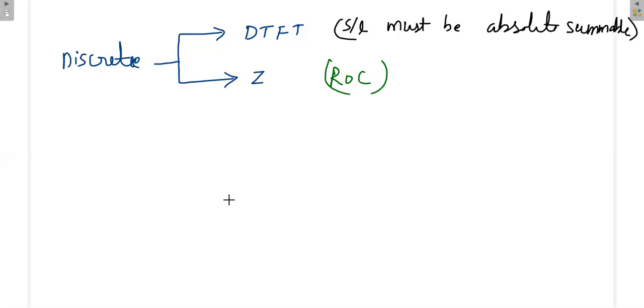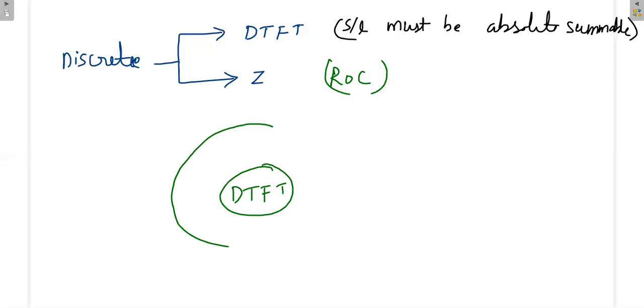That means we can write the discrete time Fourier transform for only some signals, whereas we can write the Z transform for many signals. That means the signal may be absolutely summable or may not. If you are able to find the discrete time Fourier transform, definitely you can find the Z transform for that signal under certain condition, that is ROC.